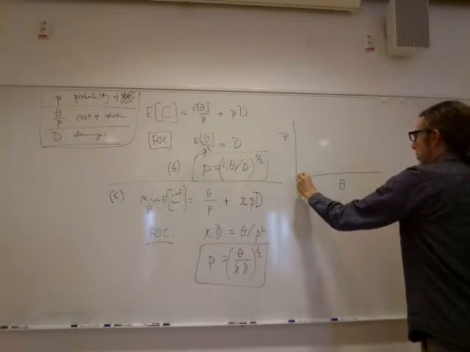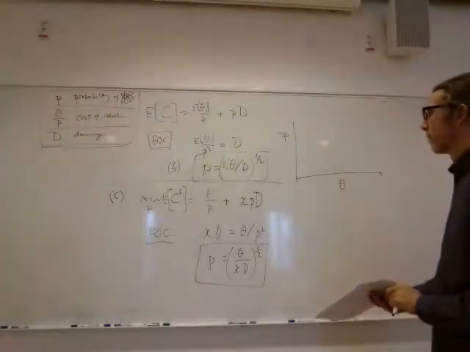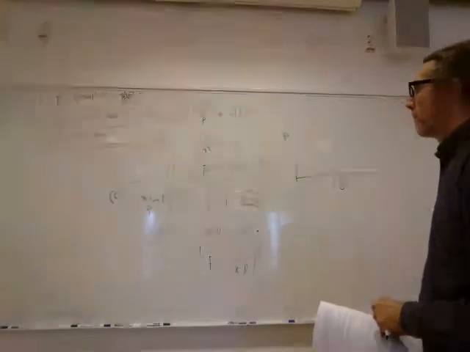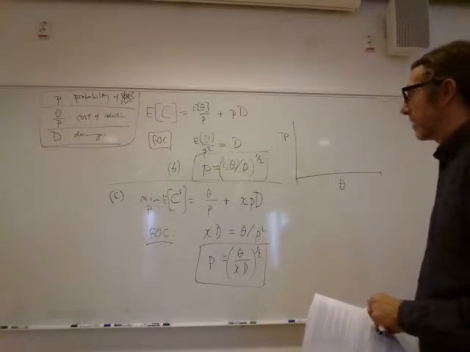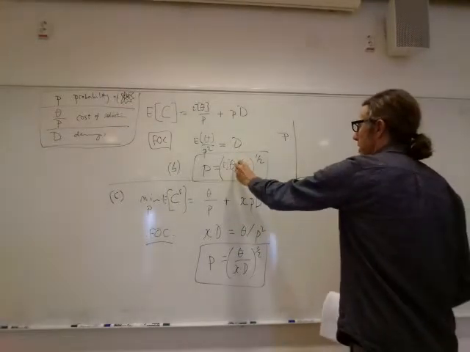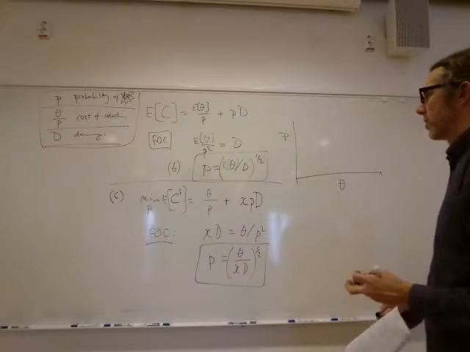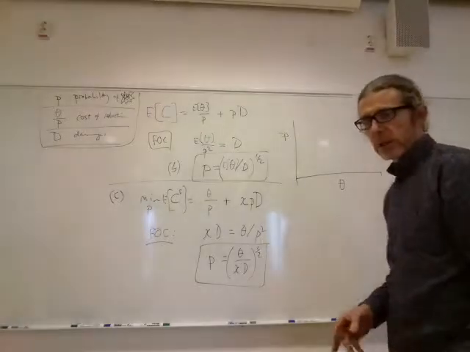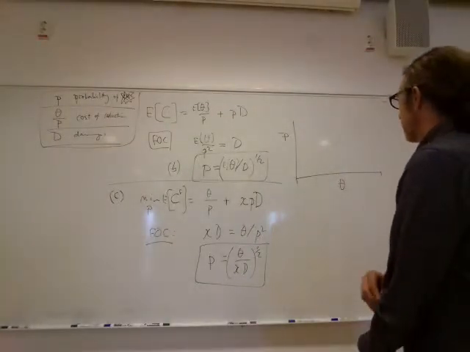And let's assume we've got some interval of possible values for theta. And in first best, we know that P should be theta over D to the half. So D is just given. So let's normalize D to 1 and then say that P should be theta to the half.